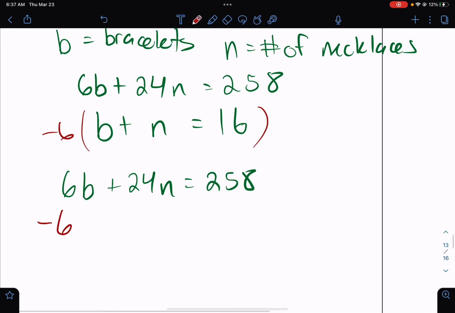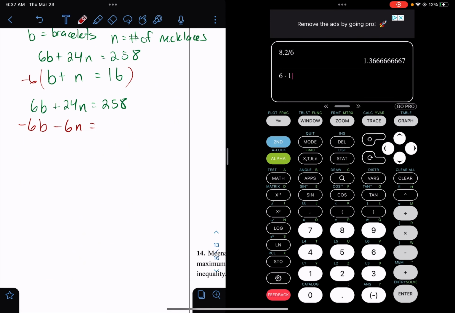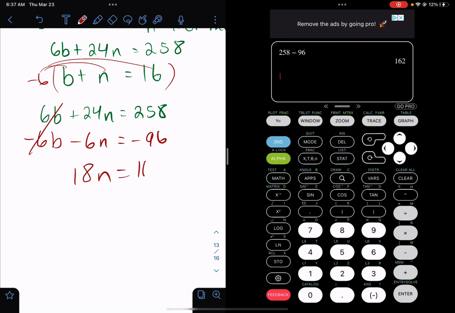So I get -6b minus 6n equals, I do need a calculator for this, equals -96. All right, so I distributed this -6 to everything. So these guys cancel. We get 18n, and 258 minus 96 is 162.